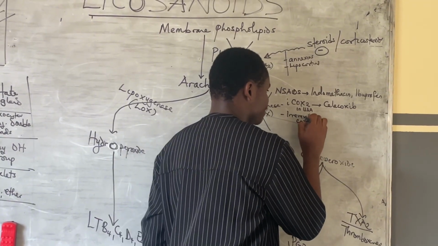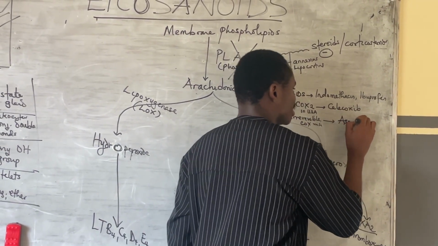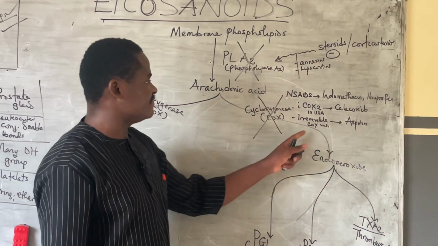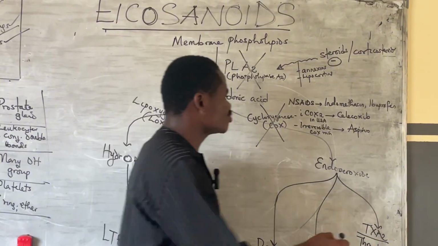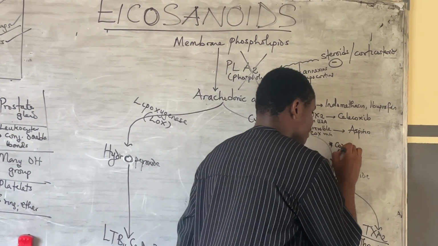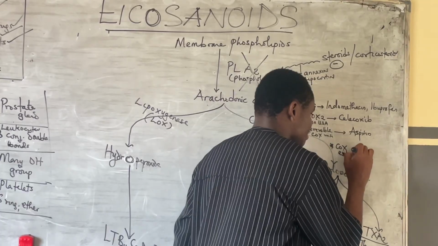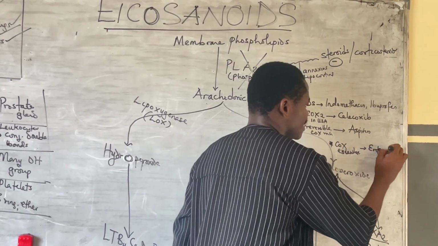This one is aspirin, a common drug. Irreversible COX inhibitor, aspirin. Now, we also have COX-2 inhibitors elsewhere, in other countries outside the USA. We have drugs like etoricoxib and what have you.